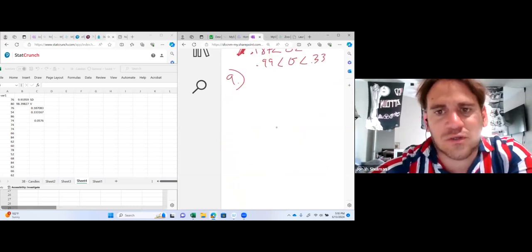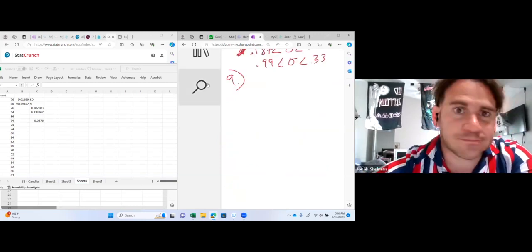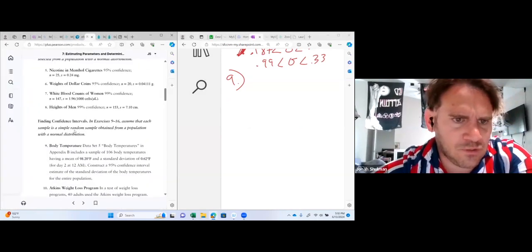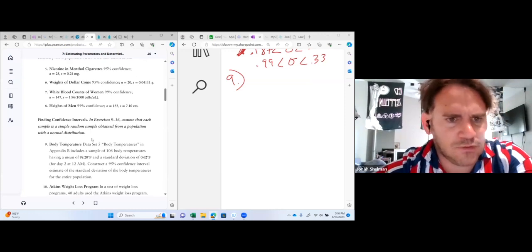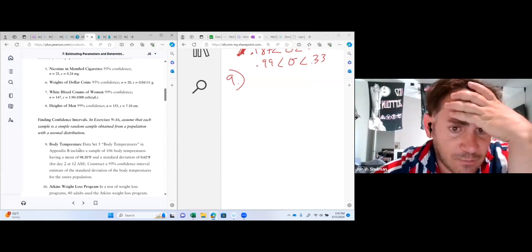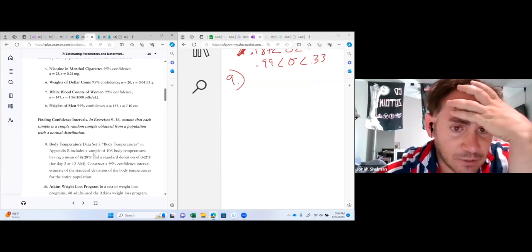Isn't it nice when everything is correct? So number 9. Assume that each sample is a simple random sample from a population with a normal distribution. Okay, so the body temperature data set includes a sample of 106.